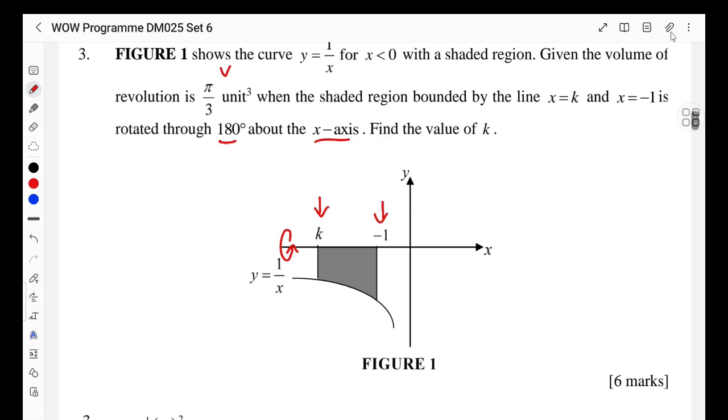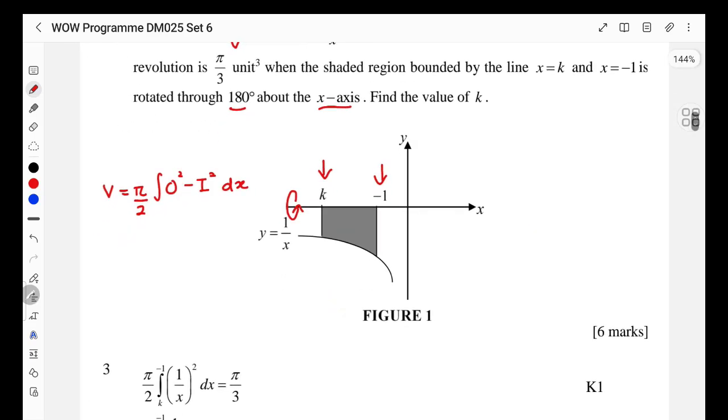Okay, so the formula to find volume is V equals pi integrate outer squared minus inner squared dx. But now since it's rotated through 180 degrees, your formula will become pi over 2, and then your outer function is this function, 1 over x.